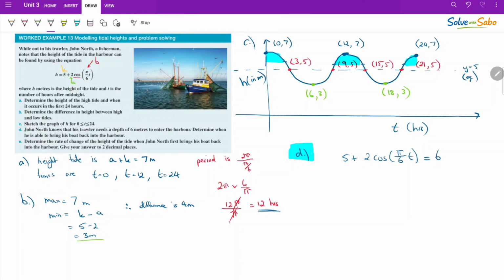Well, let's start rearranging it and see if we can work it out. Well, 2 cos of pi on 6t is equal to 6 take 5. So 2 cos of pi on 6t equals 1. And I'm going to move that 2 over. So cos of pi on 6t equals a half.